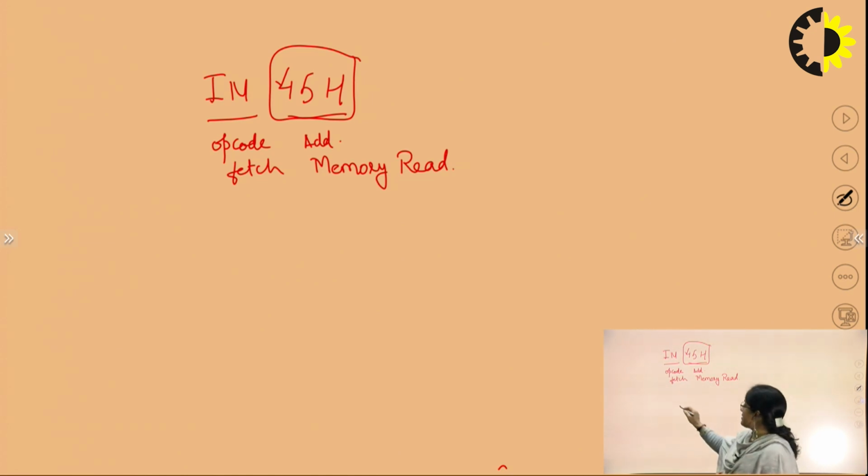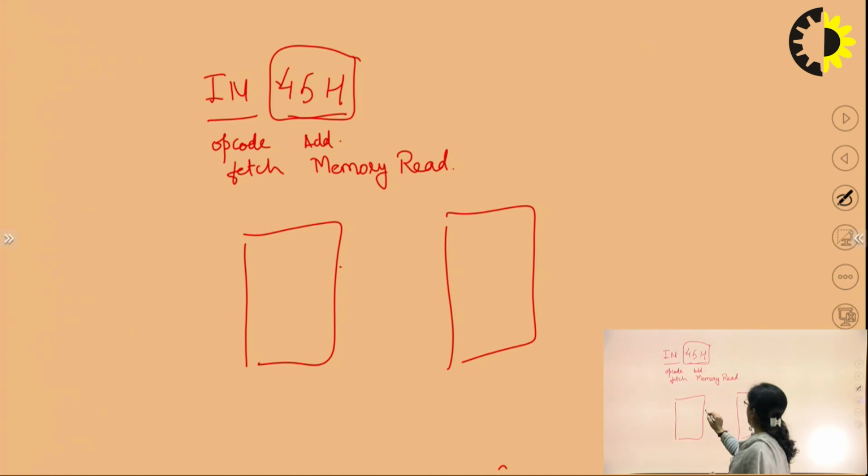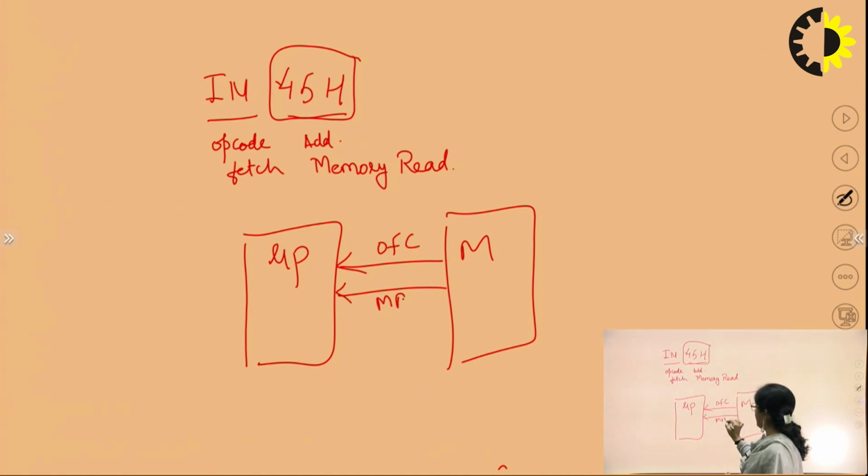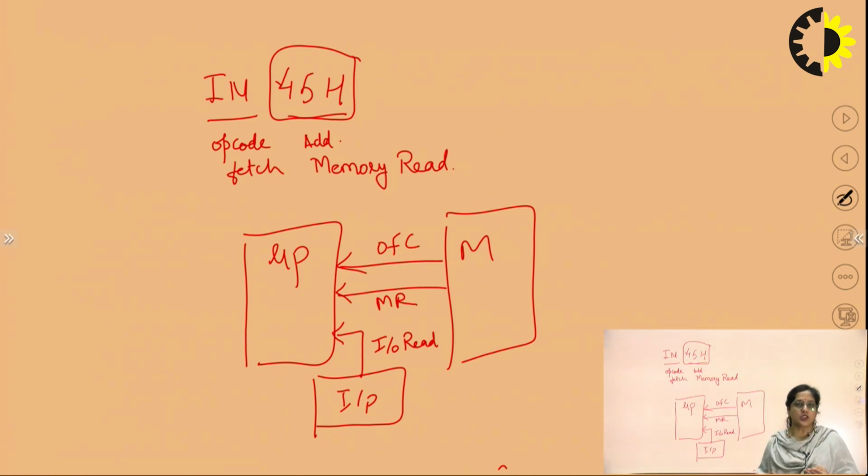So in this case, microprocessor first goes and takes data from memory, opcode fetch cycle, then memory read cycle, and then there is an input device. So microprocessor reads the data from here. So IO read operation. So there are three machine operations performed while executing IN 45H.